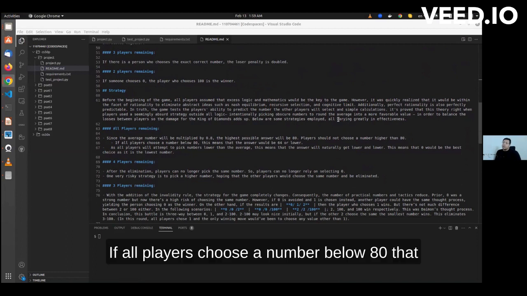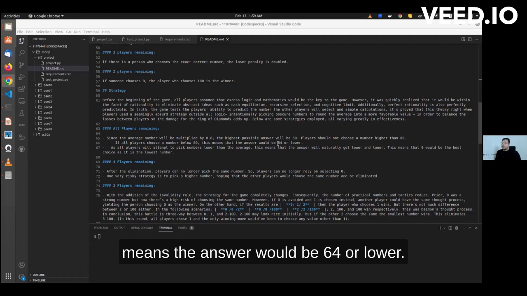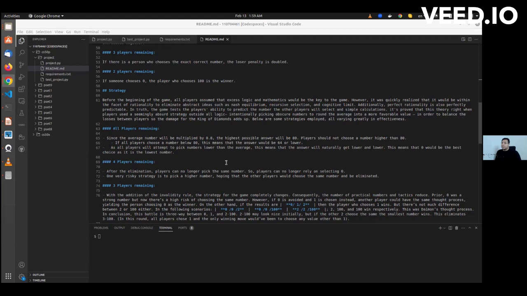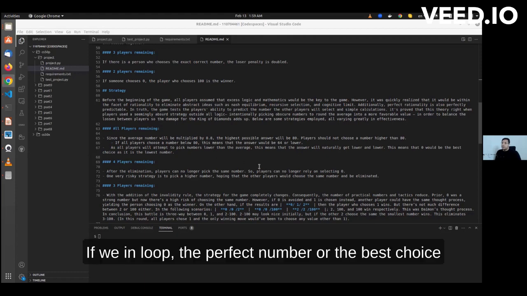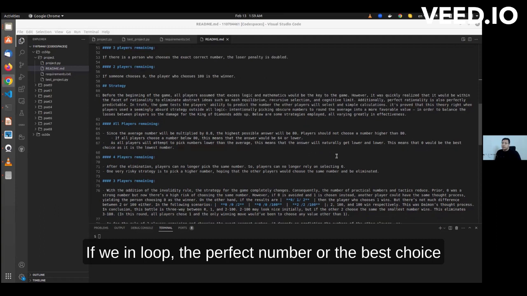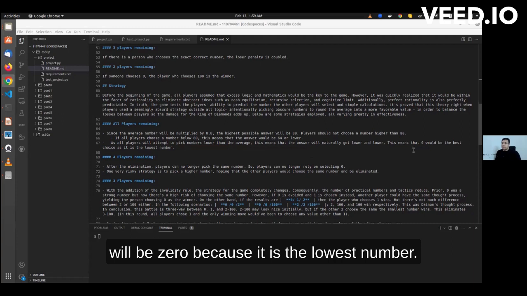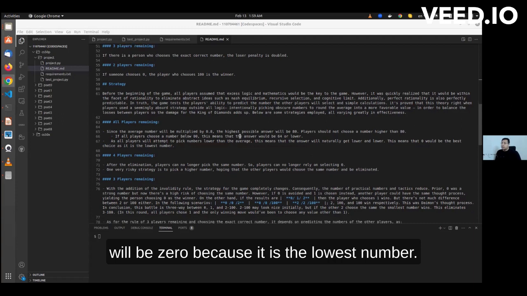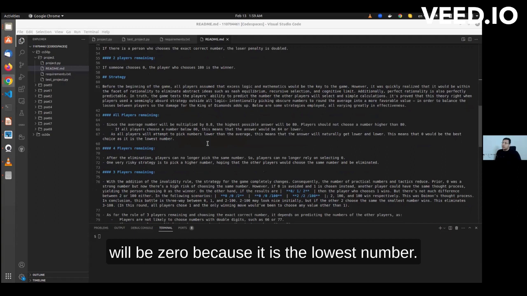If all players choose a number below 80, that means the answer would be 64 or lower. So like that, if we are in the loop, the perfect number or the best choice will be 0 because it is the lowest number.